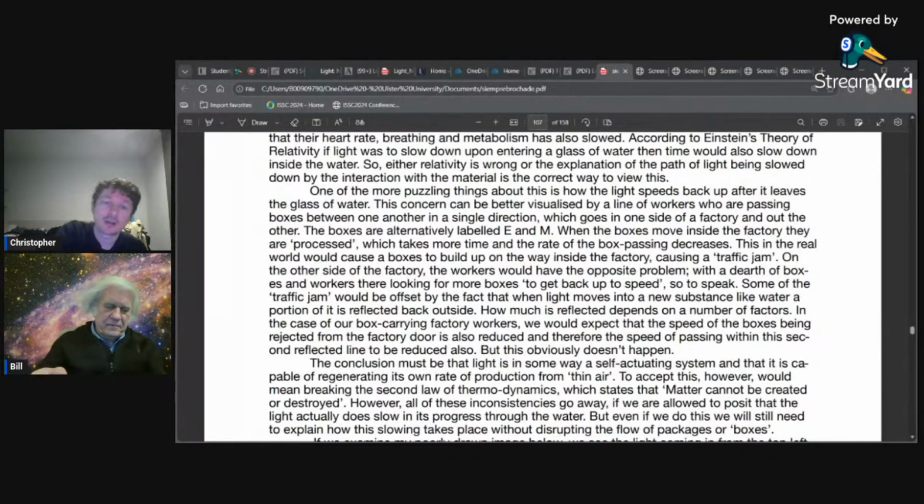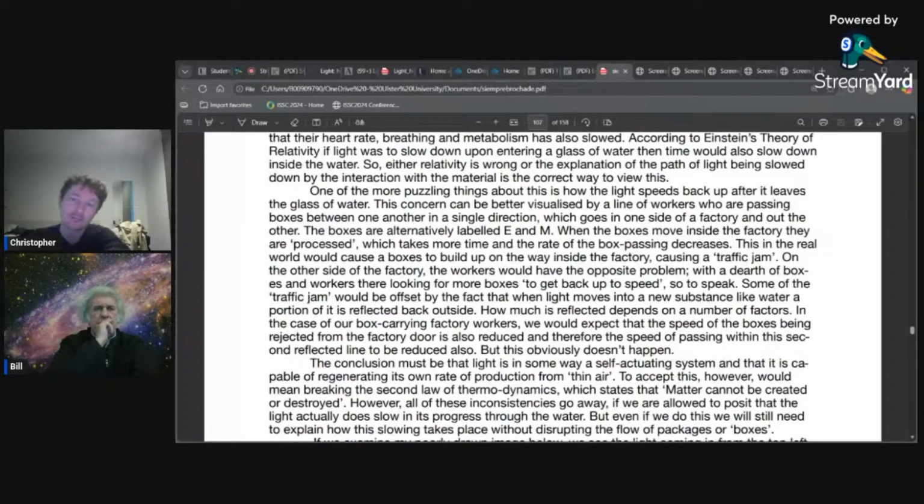So I'll just continue on here with an attempt to explain this. I haven't looked at this in a while, but if the boxes are being passed from one worker to the other, and it goes inside one side of a factory and out the other, the factory here is representing the glass of water. And the boxes are alternatively labeled E and M for electricity and magnetism, obviously.